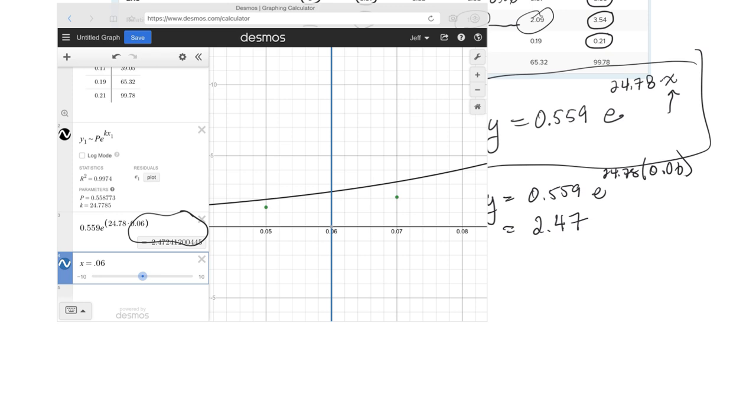And if I tap, my tapping is not doing too well there. I don't know why it doesn't give me a spot where it crosses. Anyways, at 0.06, I don't know exactly where I'm at, but it looks like I'm in the ballpark. This 2.47 is pretty close. All right, so there's an example of using regression with exponential functions. Good idea to practice that.